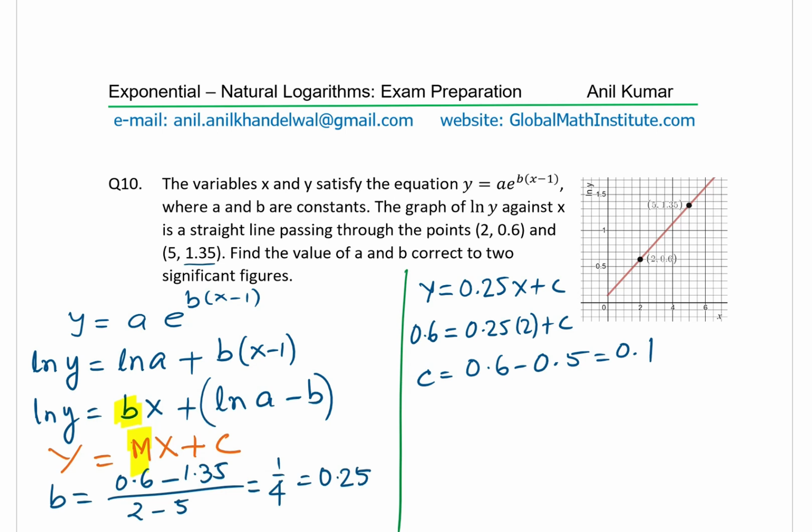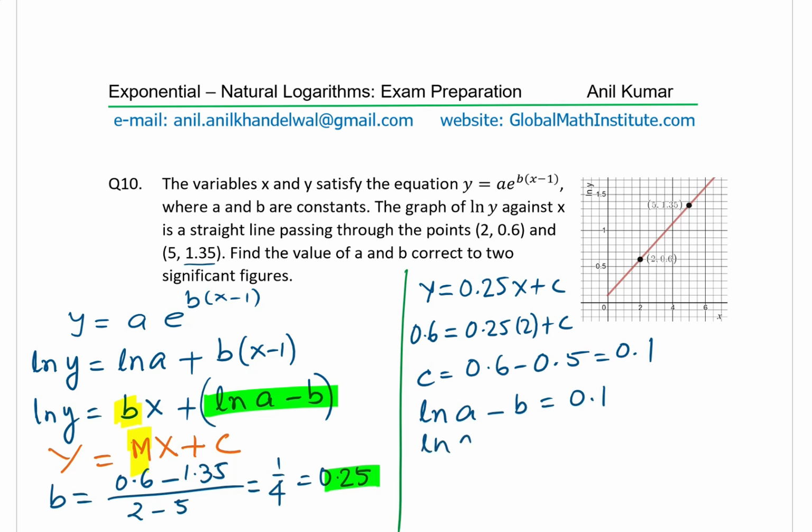So c is 0.1. Now, c should be equal to ln a minus b, right? So that is what c is. And we already know b is 0.25, so that should help.